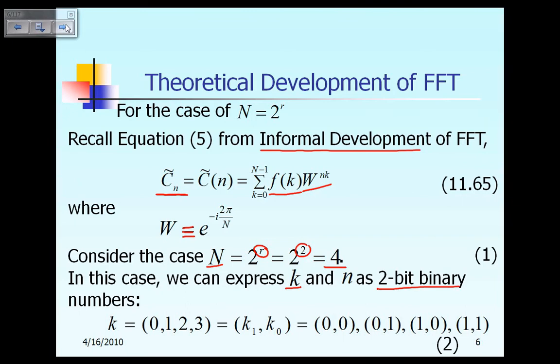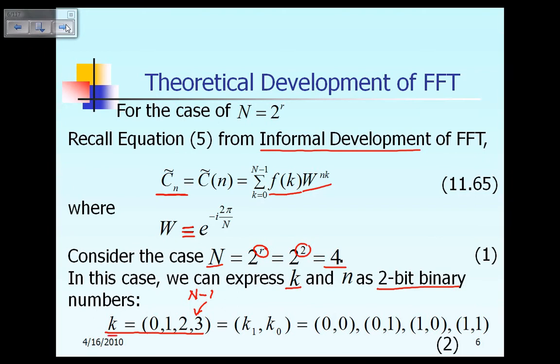According to what we told you earlier, the index k is supposed to go from 0, 1 all the way up to capital N minus 1. Because capital N equals 4 sample data points in this example, the index k goes from 0, 1, 2 all the way up to 3.